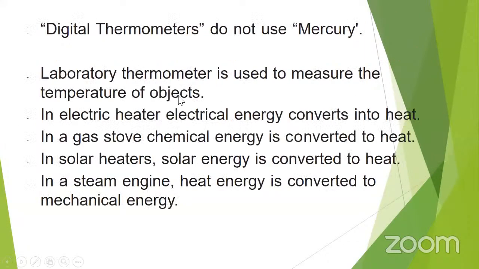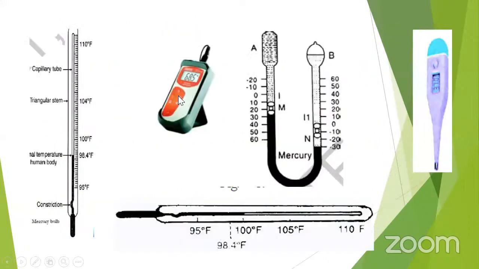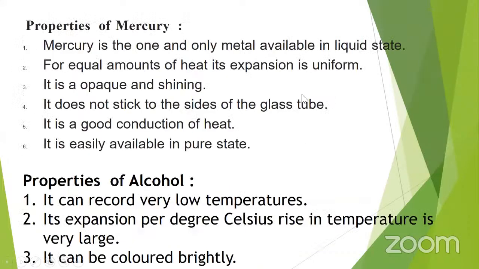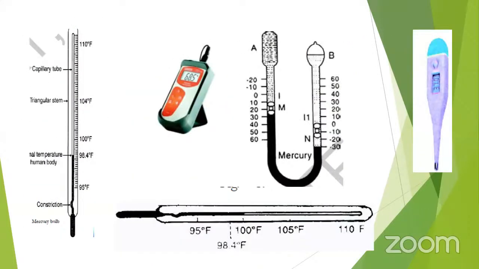The Six's maximum minimum thermometer enables us. So here you can see the Six's maximum minimum thermometer. This enables us to record the minimum temperature and maximum temperature of the day at a time. See here, this is giving the minimum temperature, whereas this is giving the maximum temperature of the body.